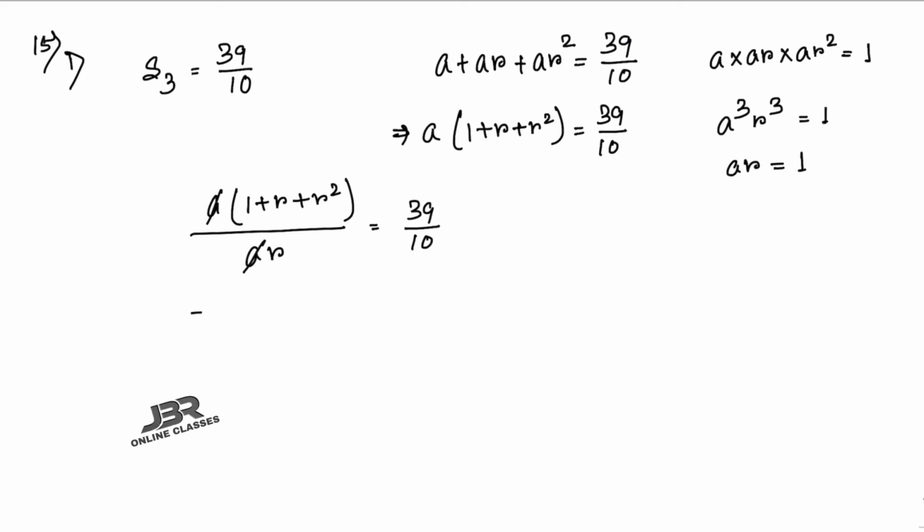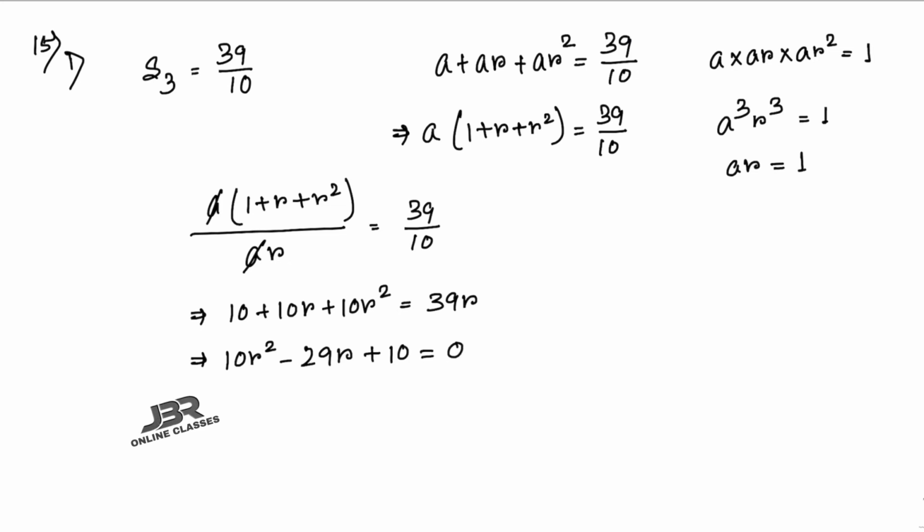So cancel out, so 10 plus 10r plus 10r squared equals 39r. So 10r squared minus 29r plus 10 equals 0. So now you can solve it by middle term factorization method. So 2r minus 5 and 5r minus 2 equals 0. So that means either r equals 5 by 2 or r equals 2 by 5.